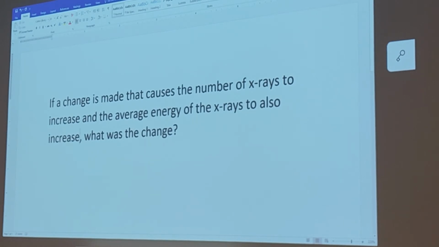So, any guesses, Sindhu? No. Mr. Johns, what do you think? Filtration. All right, so what kind of change to filtration would cause the number of X-rays to increase?